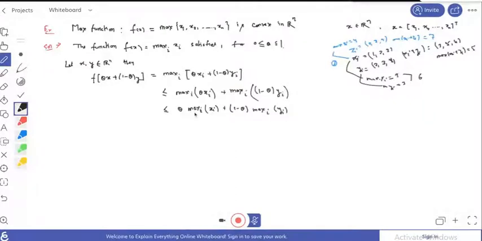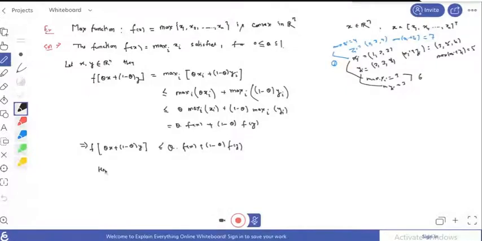And what is the function of the maximum of x_i? The maximum of x_i is defined by f(x). So this equals theta times f(x) plus 1 minus theta times f(y), similarly for the y_i component, because x and y vary over i. So you can write this: the image of this convex combination of the two points, theta x plus 1 minus theta y, is less than or equal to theta f(x) plus 1 minus theta f(y).